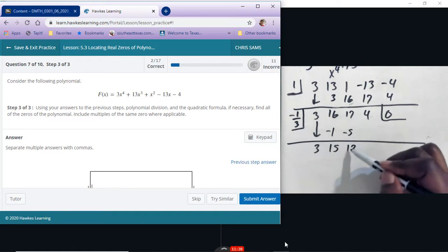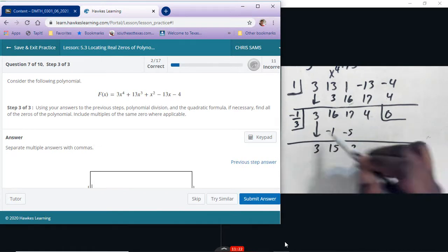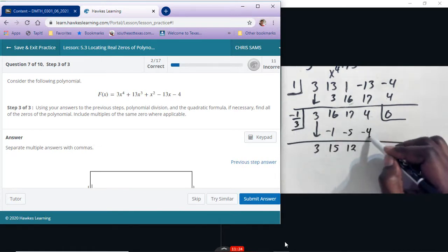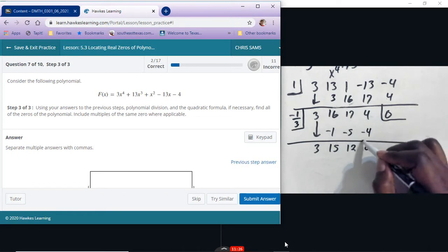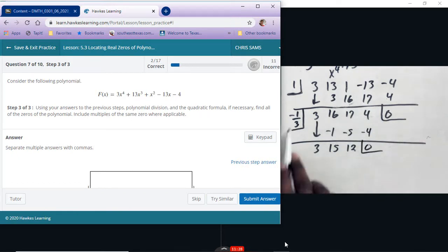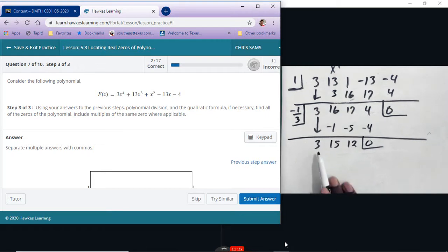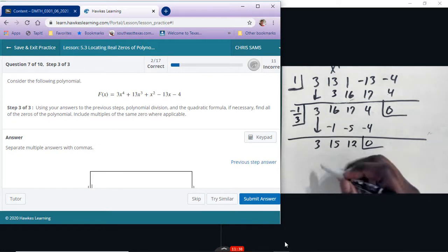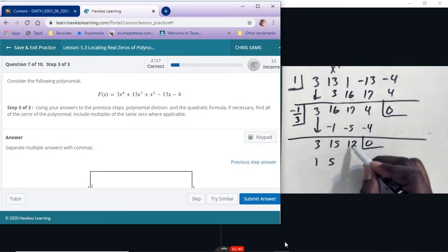Divide by 3, 4 times negative 1, negative 4, and we get 0. Alright, so negative 1/3 works. Now, when you do it with a fraction, you have to divide this resulting polynomial by the denominator. So we would be looking at 1, 5, divided by 3 is 4.